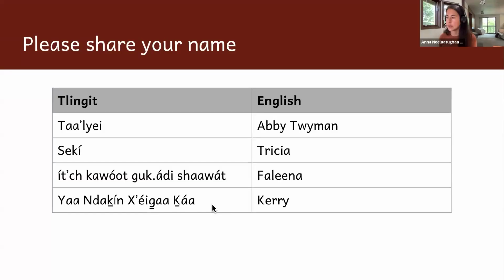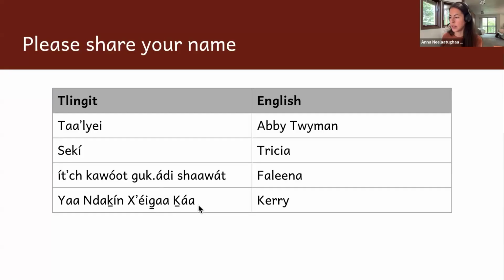Another one of our returning students is Carrie, and he's a veteran, and he has a really brave profession. I forget what it's called, but he jumps out of airplanes. And so we named him Yandakin Ka, flying warrior.